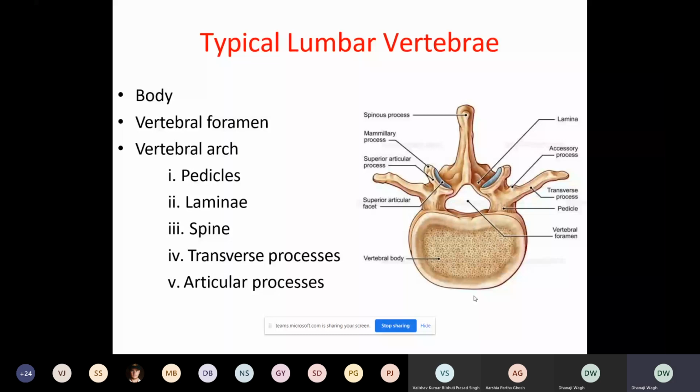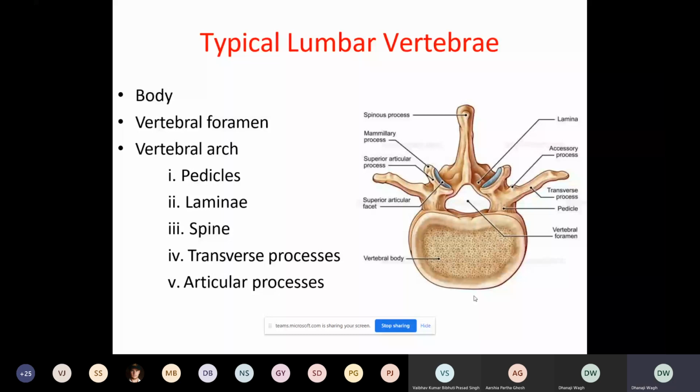Then see the spinous process. It is a vertical quadrilateral plate-like structure. Its direction is almost backward and slightly downwards, and it is thickened along its posterior and inferior border only.